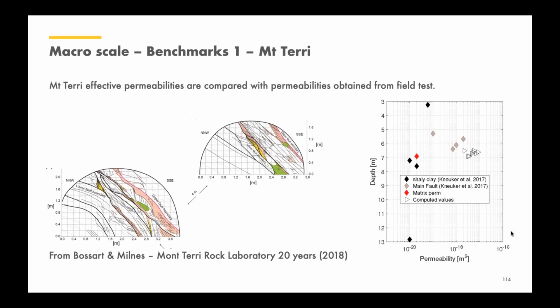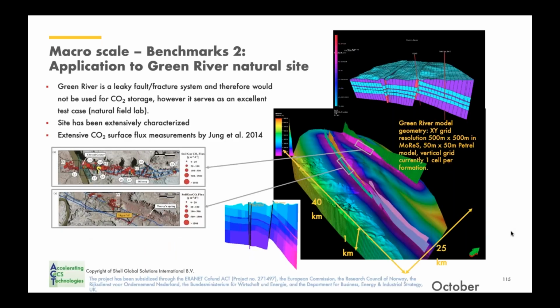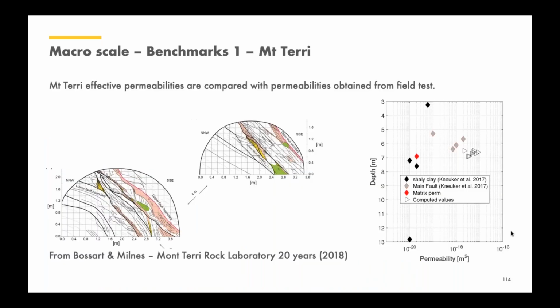What I want you to focus on are the gray diamonds here. These are the field tests at various depths, and the open triangles were our upscaled results. We see that at least we are on the same order of magnitude, and we are conservative in the sense that we are overestimating the permeability.